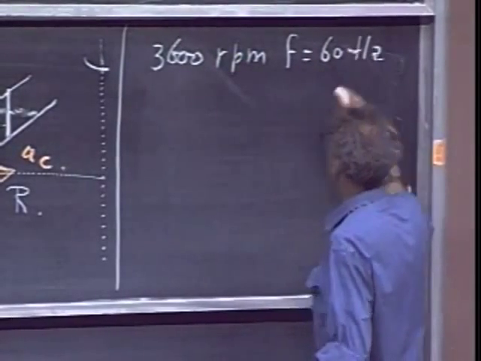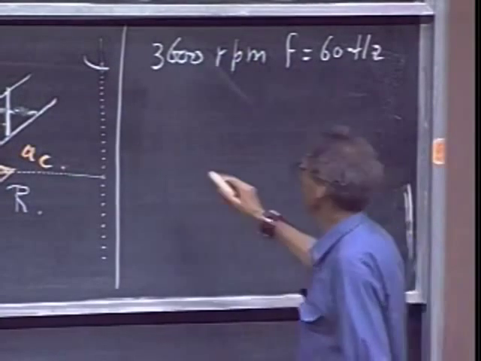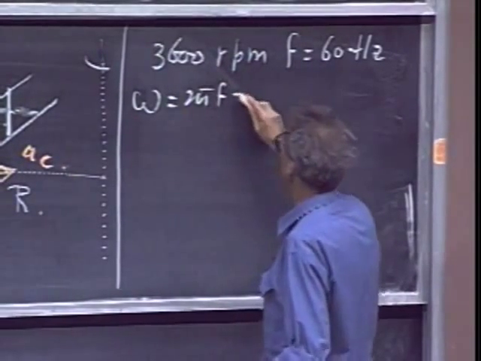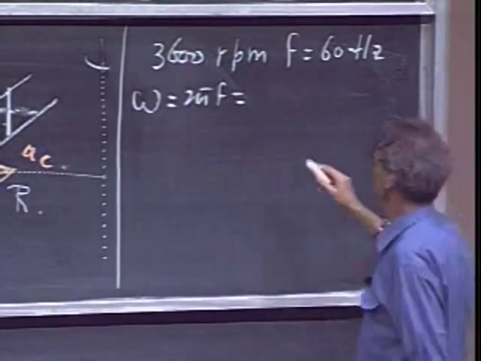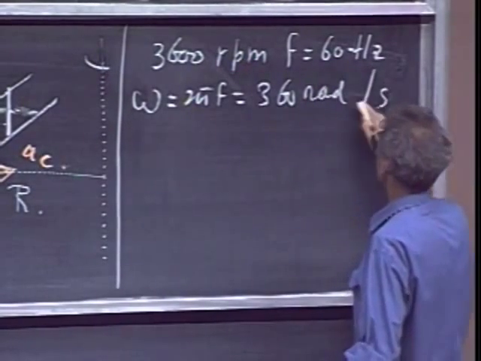So it goes around once in 1/60th of a second. Omega is 2 pi times f, is therefore roughly 360 radians per second.